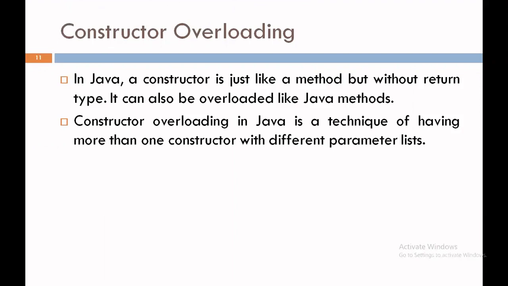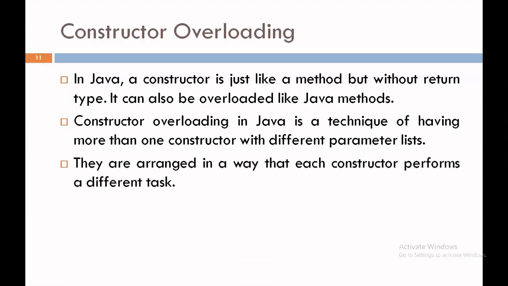Method overloading can be done in a single class. That means a class which contains multiple methods which have the same name but different types is known as method overloading. Same as the constructor, a class which has multiple constructors but with different arguments is known as constructor overloading.